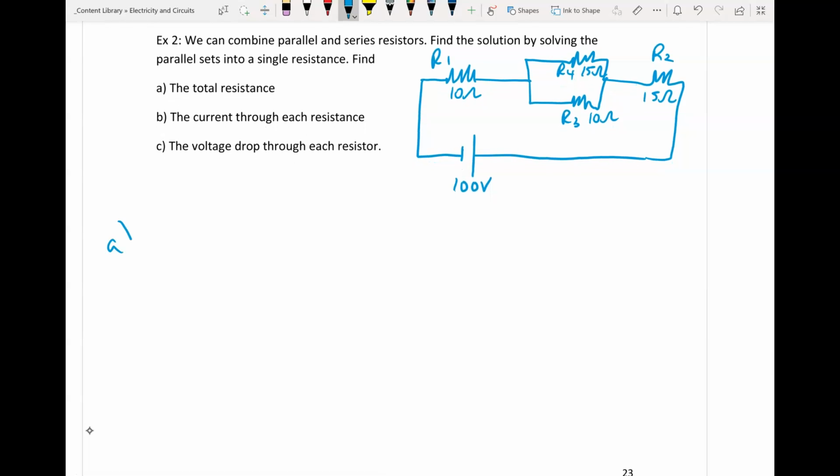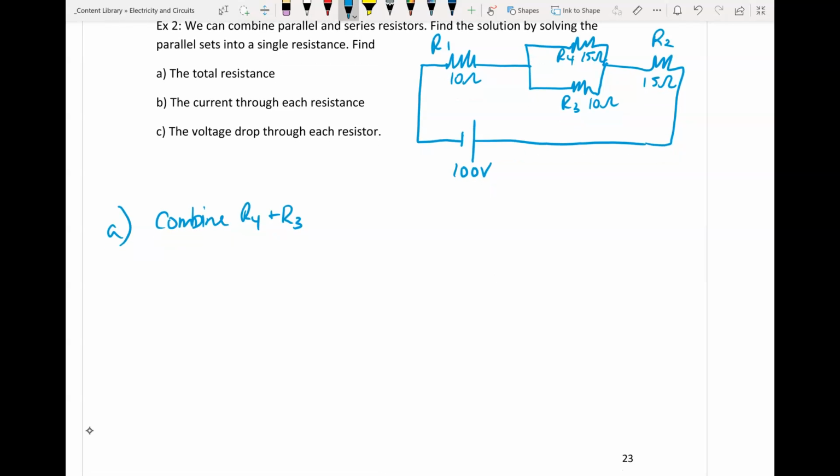Okay, so we're going to find the total resistance. And for R1 and R2, that's easy. It's given to us as 10 and 15. But the parallel part of it, we're going to have to combine R4 and R3. So the equivalent resistance for that is going to be 1 over R3 plus 1 over R4, then reciprocaled.